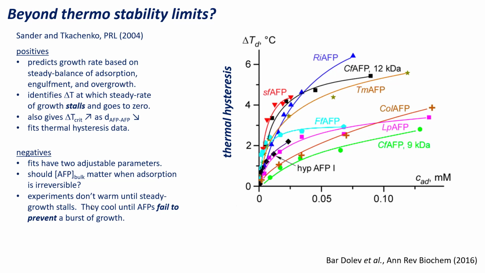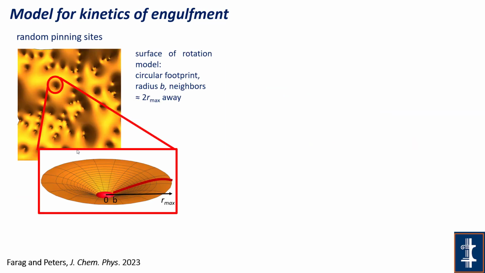So it highlights that there's a subtle difference between preventing growth and stopping growth that was already occurring. The Sander and Tchachenko model predicts the point at which growth that was already occurring will falter, and that's different from what the experiments are usually probing. How can we build a model for that situation?